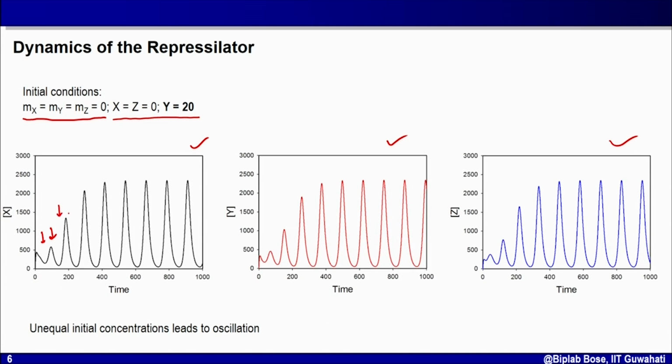Then the amplitude increases, it increases further, and then it stabilizes. So x is oscillating with time. Initially it's slow oscillation, amplitude is low, then the amplitude increases, then it further increases, and then it stabilizes at that higher amplitude.